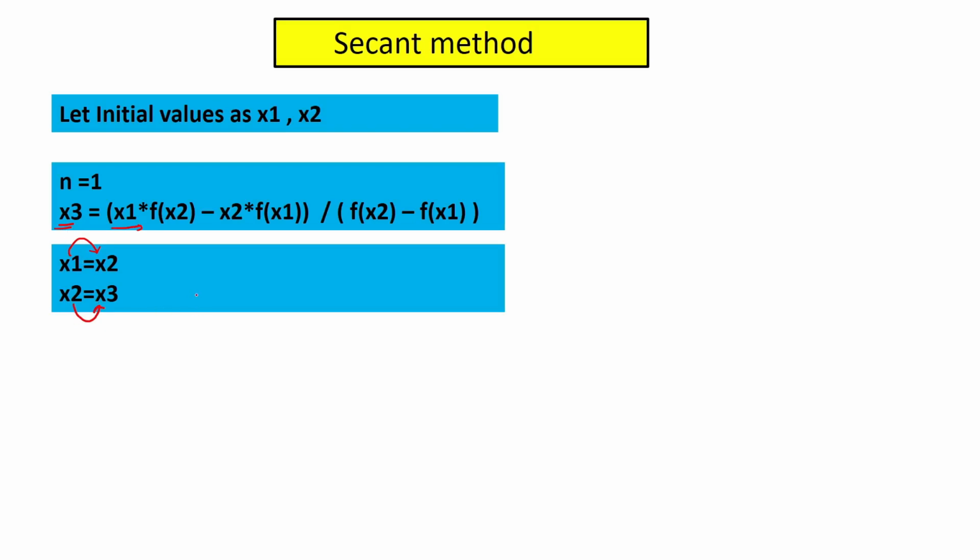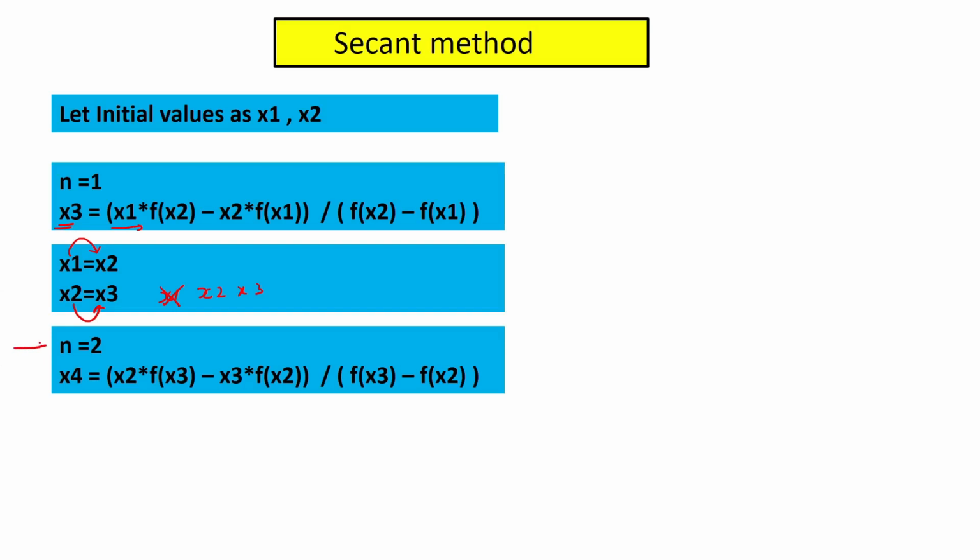So that means in the second iteration, our x2 and x3 will be getting used and x1 will be discarded. So when we come into the second iteration, that is n equal to 2, in the formula we will be putting the value of x2 and x3, which are actually our new x1 and x2. Here I have put the value of x2 and x3, and accordingly I have put f of x3 and f of x2.